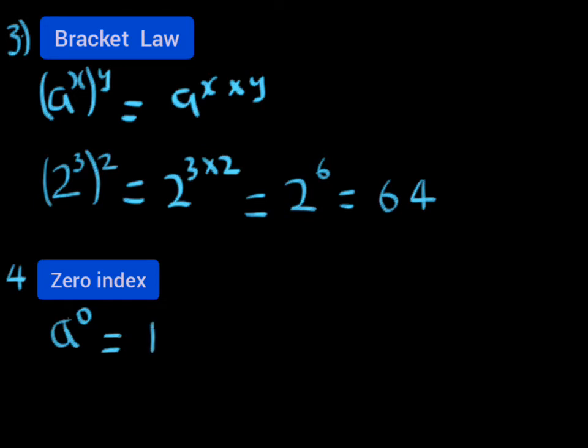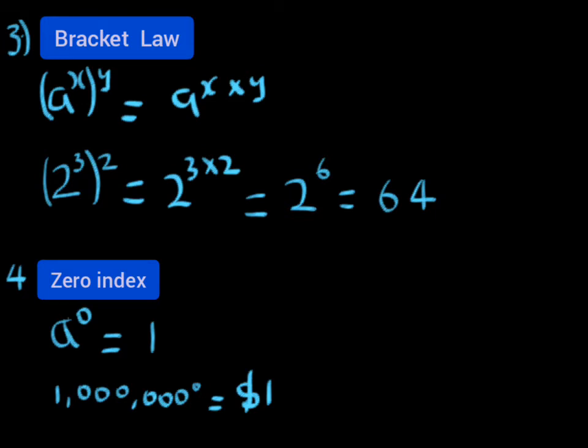So if you have 1, 2, 3, 4, 5, no matter the value, raised to power 0 would give you 1. I humorously tell my students, if your bank account is 1 million raised to power 0, it means that in the end you have just $1 in your bank account.